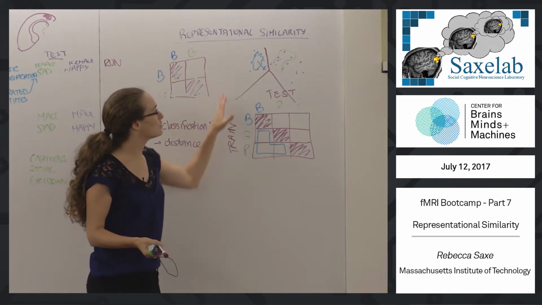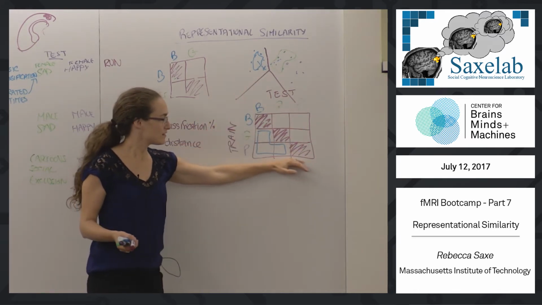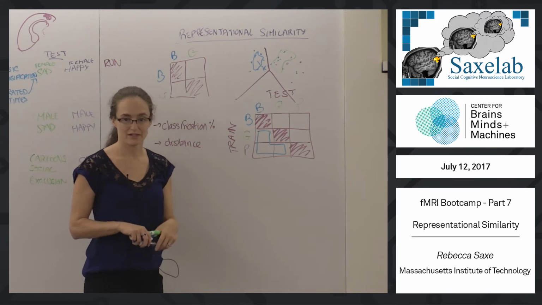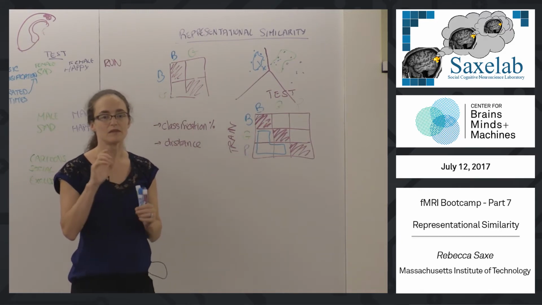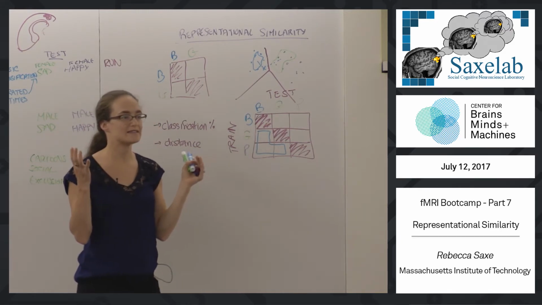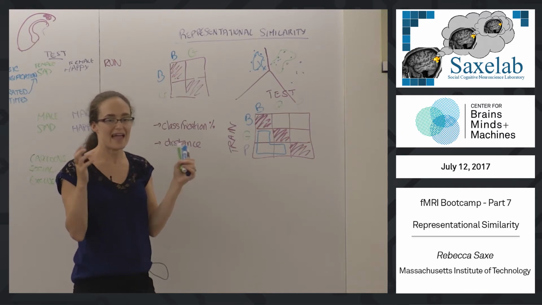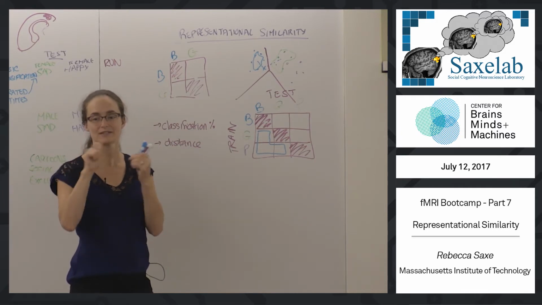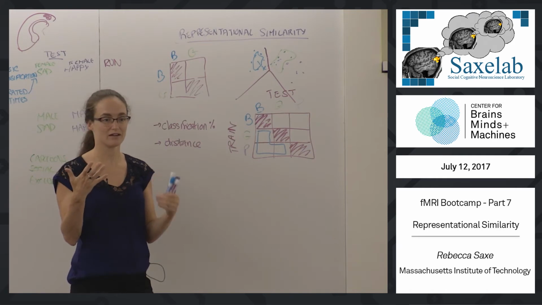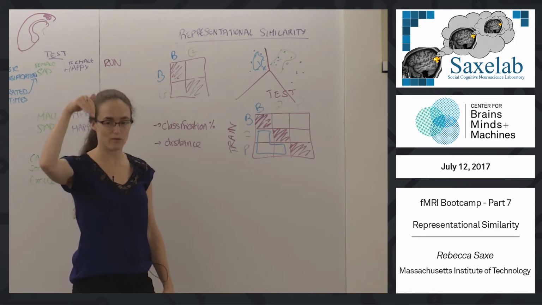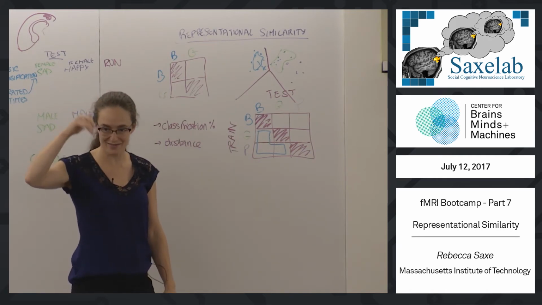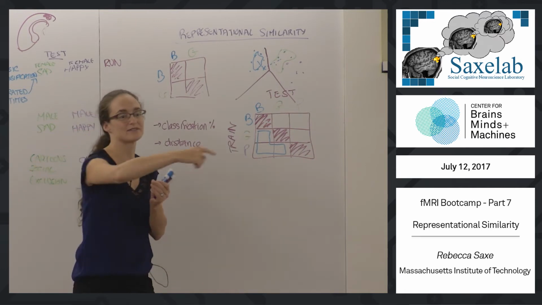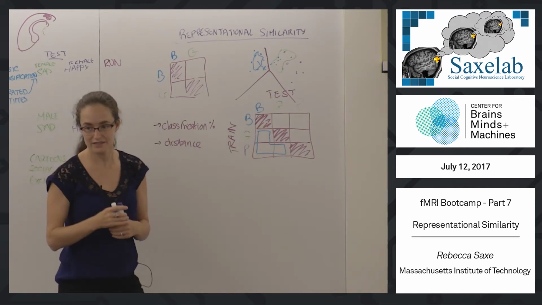Okay, and so this way of thinking about multivoxel pattern analyses lets us think about any theory that predicts how similar two stimuli are. Not only that it's another instance of the same thing, but actually how similar it is to anything else.